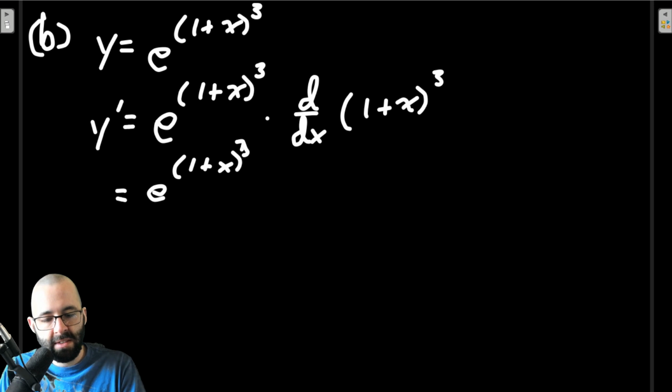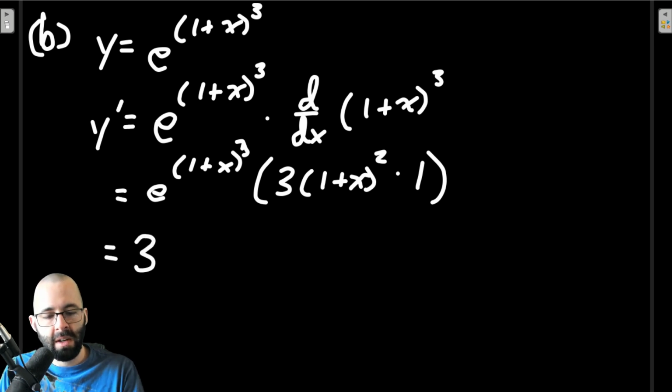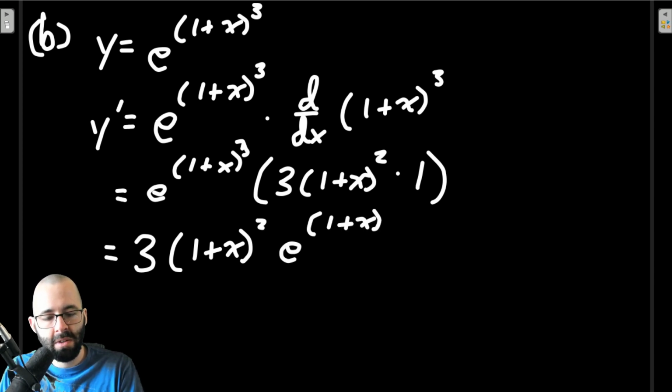And what's the derivative of the second thing? Well, bring down the exponent, leave the inside the same, subtract an exponent, multiply by the derivative of the inside. The derivative of 1 plus x is just 1. So if we combine all our like terms and write this in order, we should get 3 times (1 plus x) squared times e to the 1 plus x cubed.